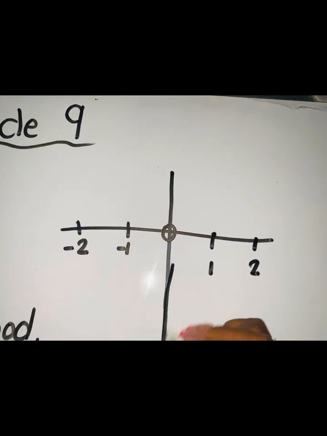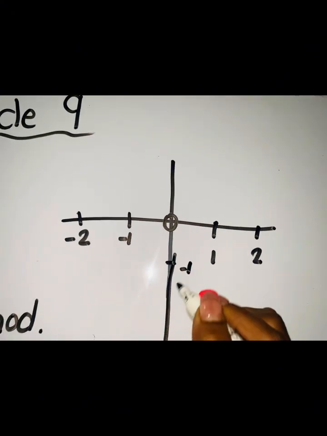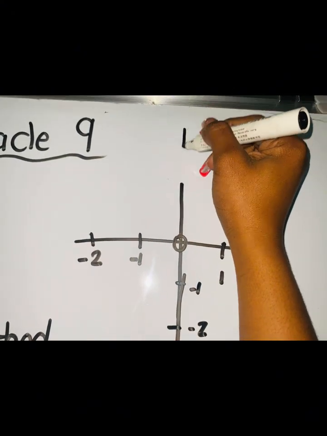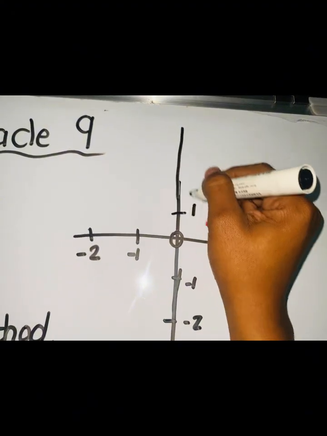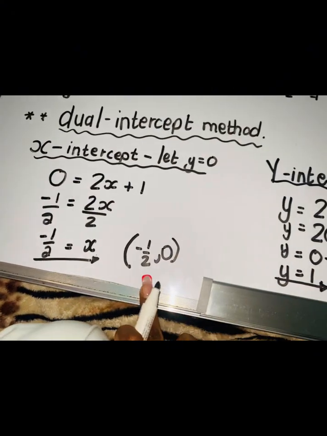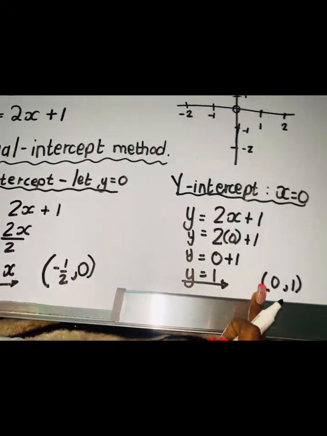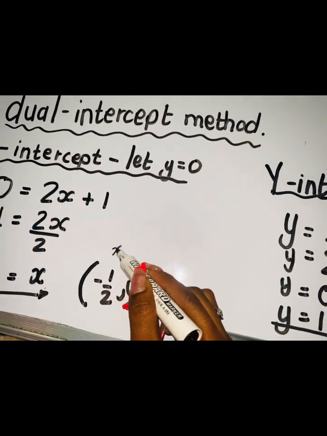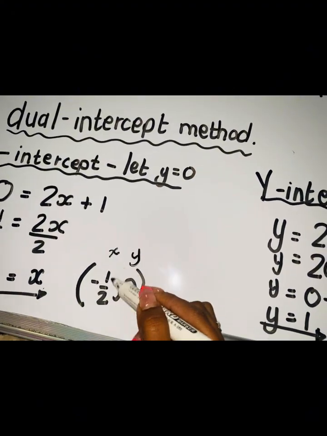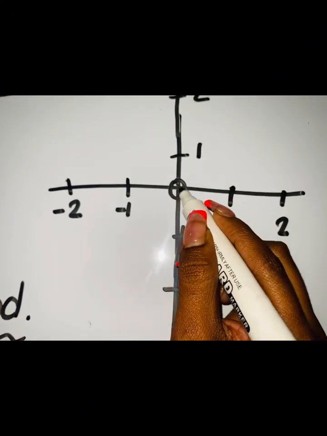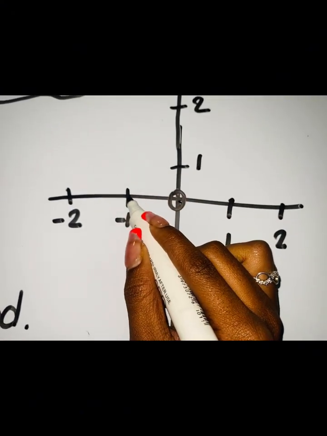Then here we're going to have -1, -2, and we're going to have 1 and 2. Guys, I'm not plotting a lot of points because I can already see that I have a half and I have 1. Right, let's start here. For the x value that is negative, we have negative a half. Now let's look at negative half. This is 0 and this is -1.